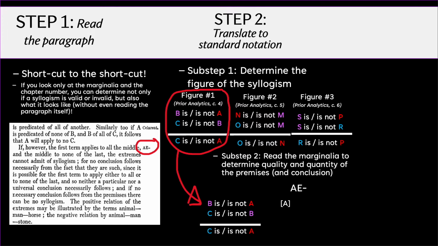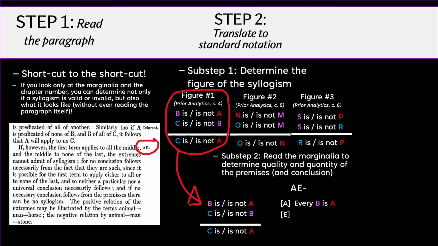So in the major premise, we have an A proposition, and since we're dealing with the first figure, we know that the middle term must be the subject of the major premise, and so this A proposition must be every B is A. It's a universal affirmative proposition with the middle term as our subject term. And now the second proposition is going to be an E proposition because, again, the marginalia tells us AE dash.